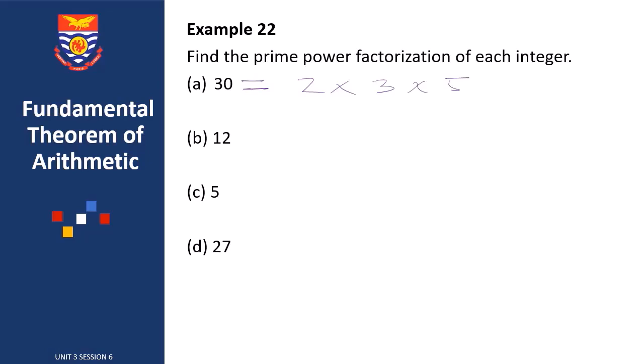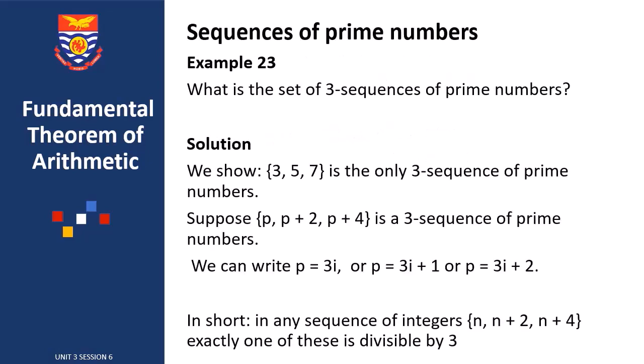So this is so simple. Let me do maybe the last one for you. 12 equals 2 times 2 times 3, so I can say 2 squared times 3, in that order. You do the rest. This is so simple and elementary.